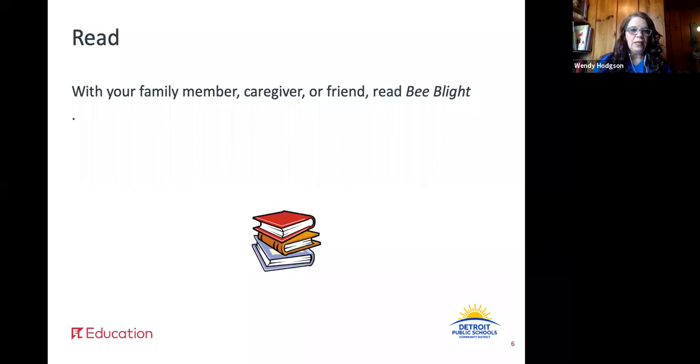That's called annotating your text. You could do that as you read, and that will help you stay engaged in your task right now. So pause the video for the next 10 minutes or so, and with a partner, reread the article, Bee Blight. I'll meet you back here.